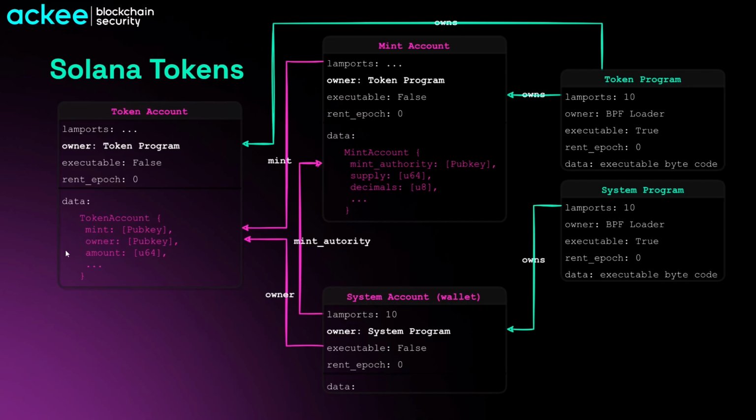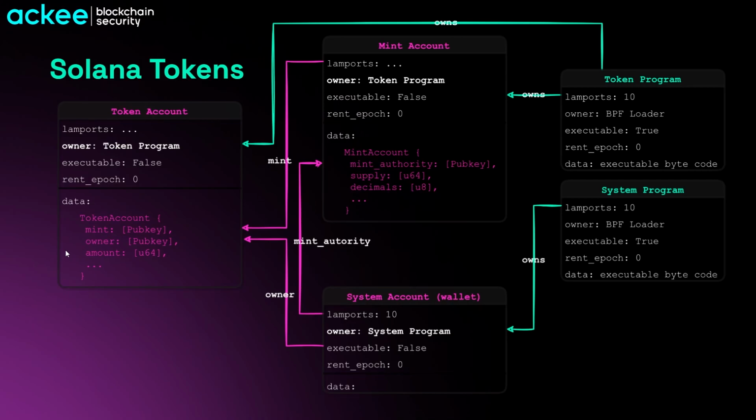Lastly, sometimes you can bump into something called an associated token account. Associated token accounts are essentially token accounts with the same data contents as a regular token account. In contrast, a token account can be created at any address using a program-derived address or a common key pair.